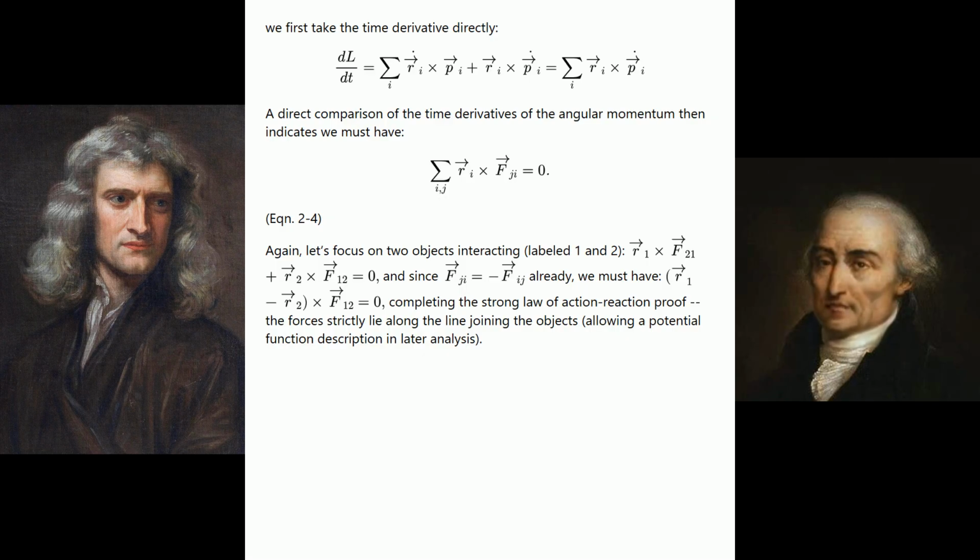Again, let's focus on two objects interacting, labeled 1 and 2: vector r sub 1 times vector F sub 21 plus vector r sub 2 times vector F sub 12 equals 0, and since vector F sub ji equals negative vector F sub ij already, we must have vector r sub 1 minus vector r sub 2 times vector F sub 12 equals 0, completing the strong law of action-reaction proof. The forces strictly lie along the line joining the objects, allowing a potential function description in later analysis.